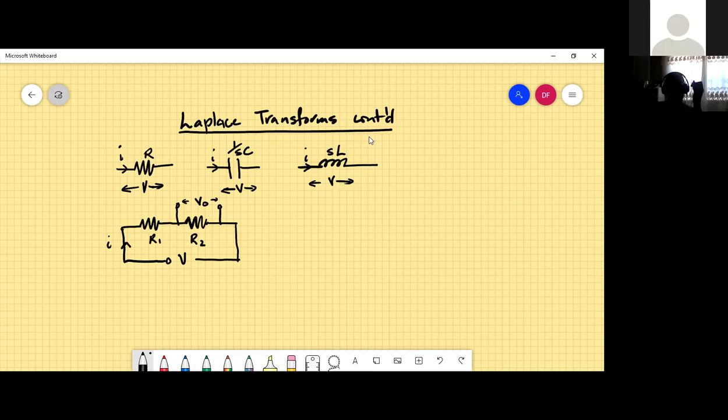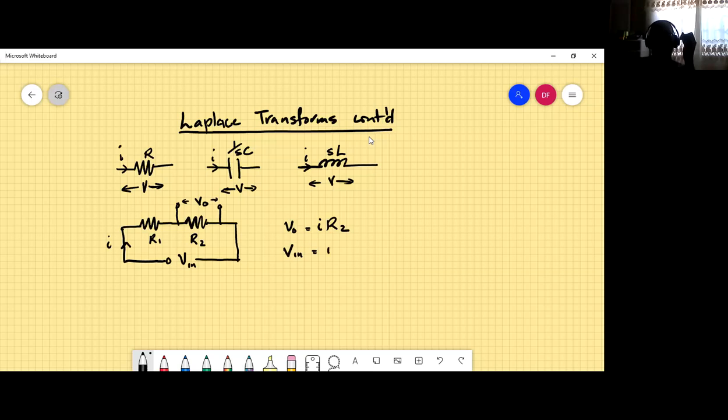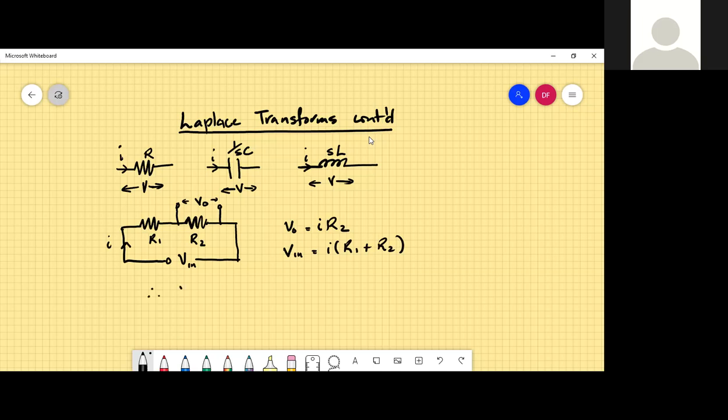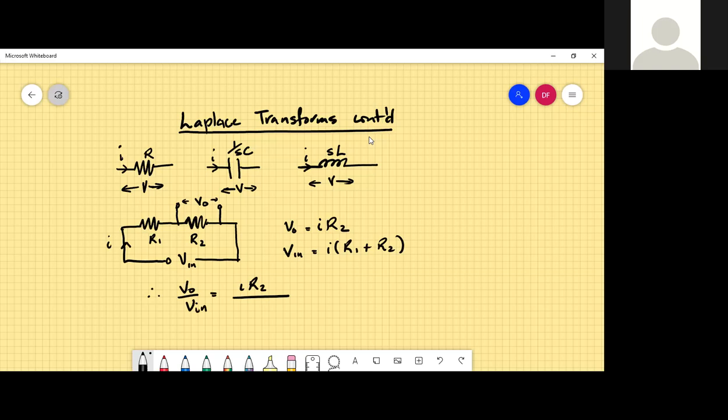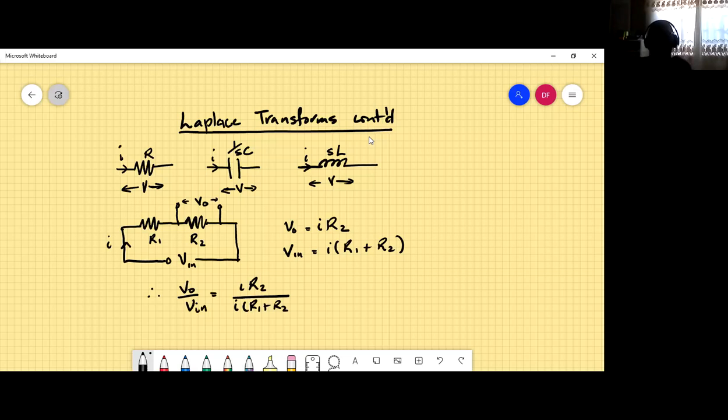So we would say V out is equal to the current times R2. The input, let's call it V in, is equal to I times R1 plus R2. So therefore, V out over V in would be equal to I R2 over I times R1 plus R2, which implies that you can cancel all the I's.